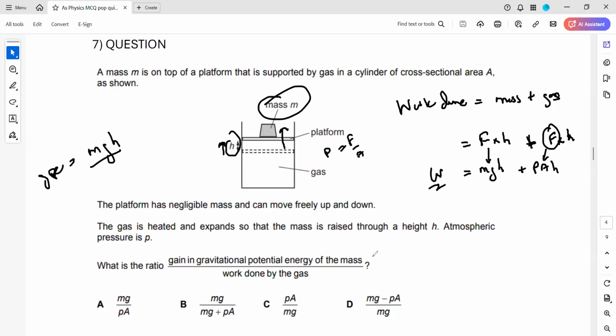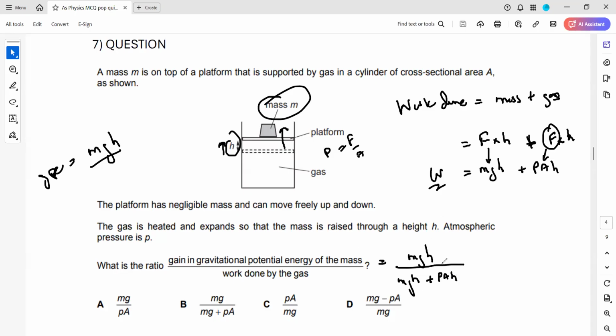We need a ratio between the gravitational potential energy and the work done. So the gravitational potential energy is mgh, and the work done by the gas is mgh to move this object, plus PA, which equals the pressure times area, times height.